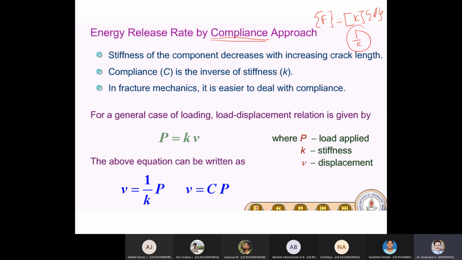This K is basically stiffness. This is force, this is displacement. This is the equilibrium equation. Have you seen this equation?